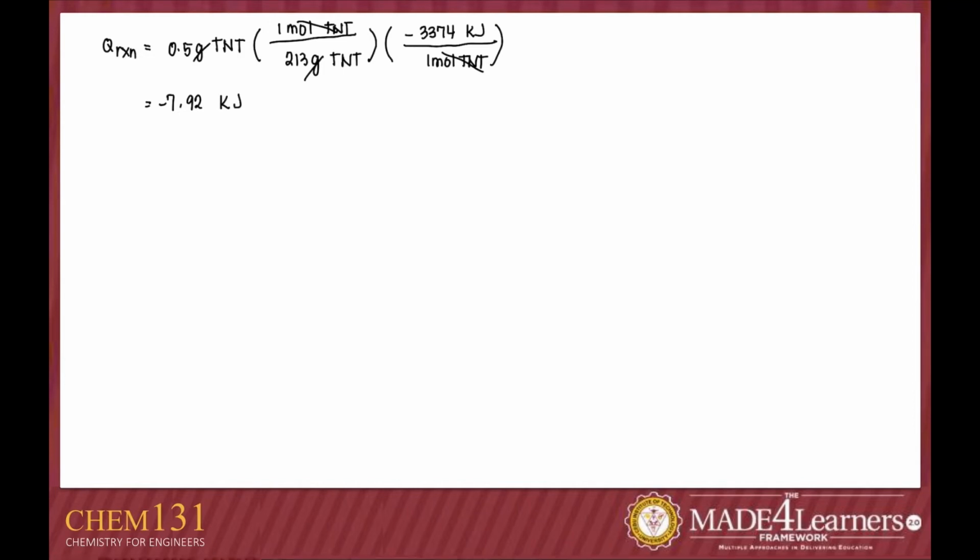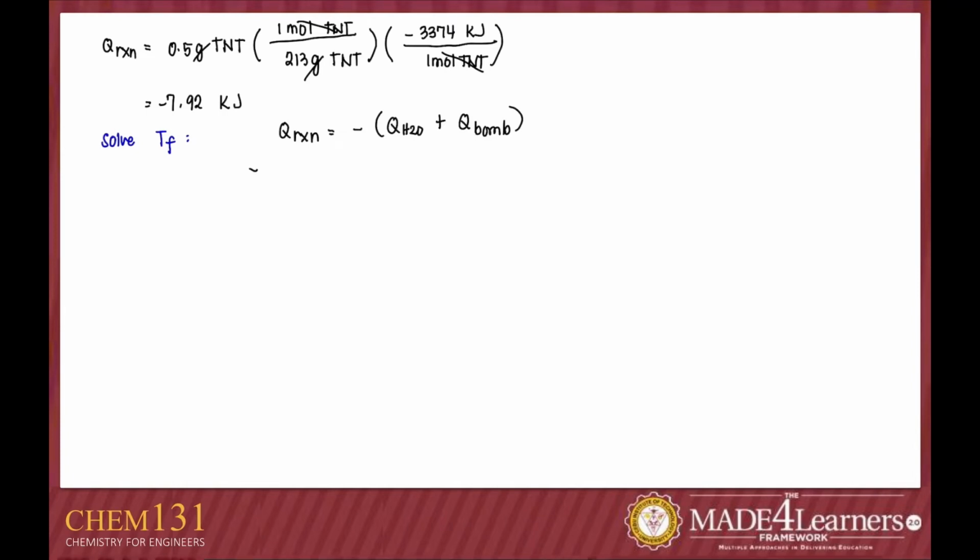So we can now solve for final temperature. So balik ta sa atong equation. Q reaction equals negative Q of water plus Q of the bomb. So our Q reaction is negative.